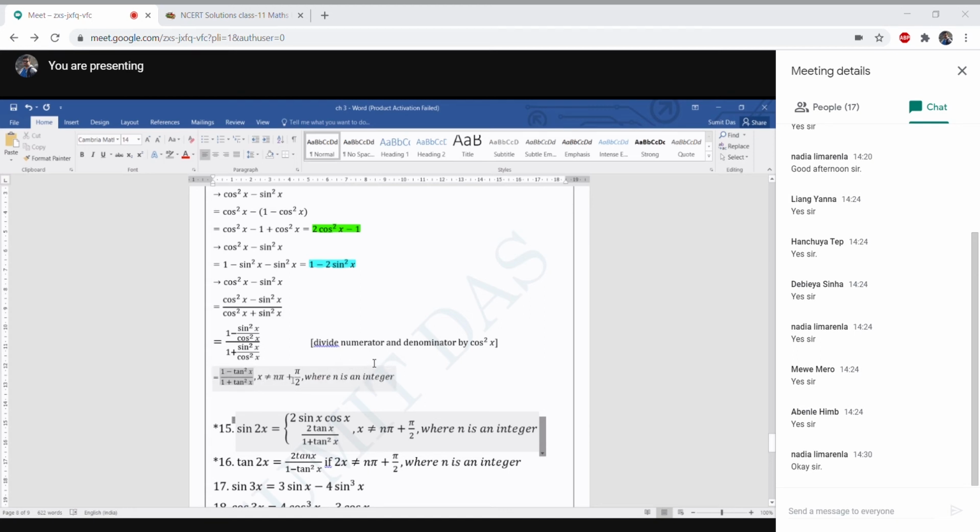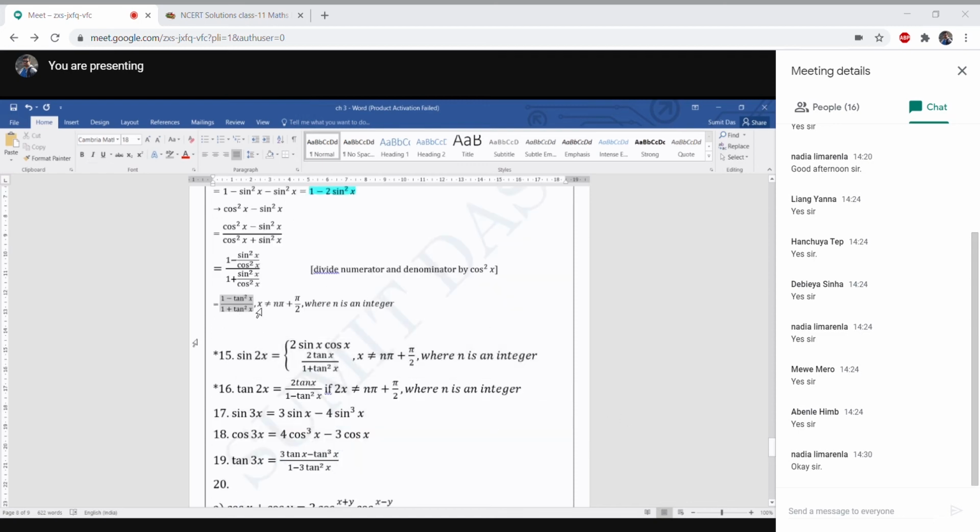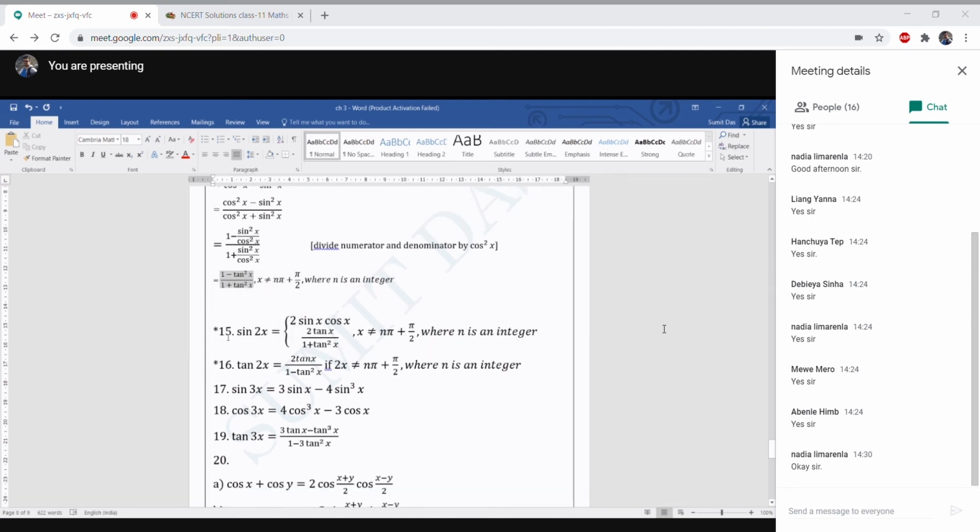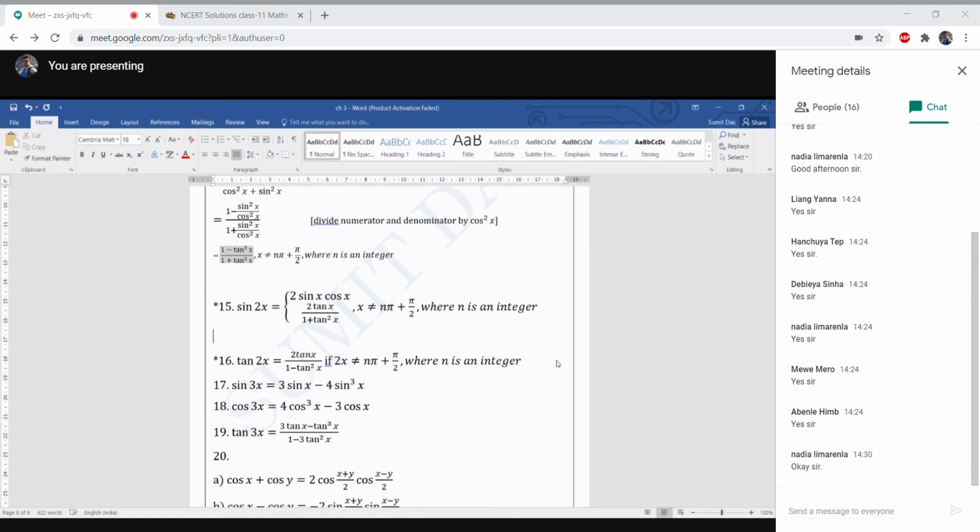That means x cannot be pi by 2, because we know that tan pi by 2 value is undefined. You will already learn this in the range chapter. Okay, next we will go to the next part of the solution, that is proving this.